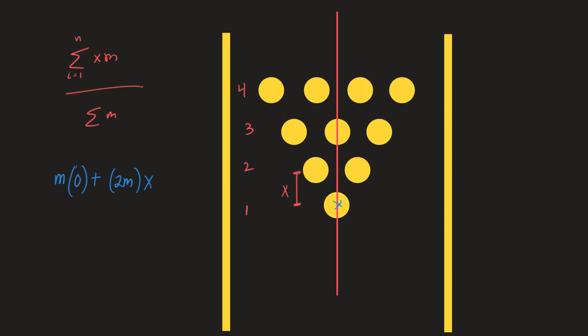Next row, what's that mass? 3m, 2x. There we go. One more, right? 4m, 3x.